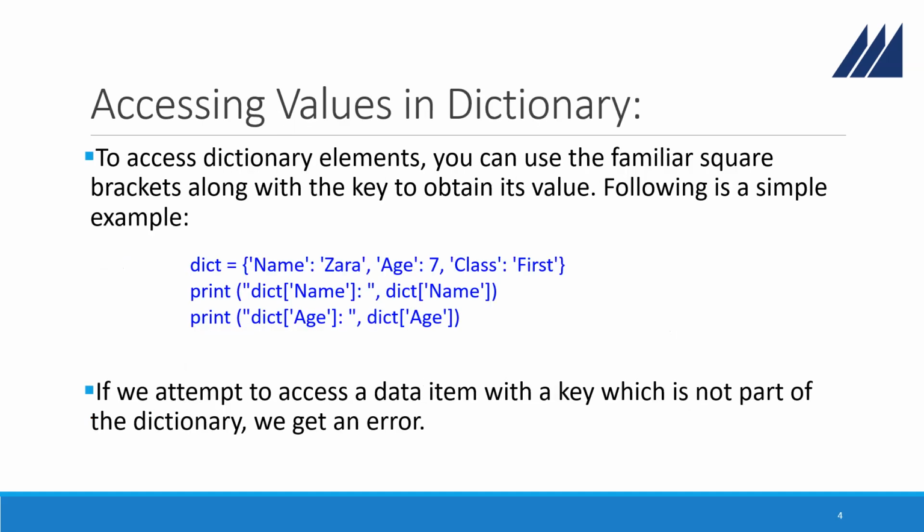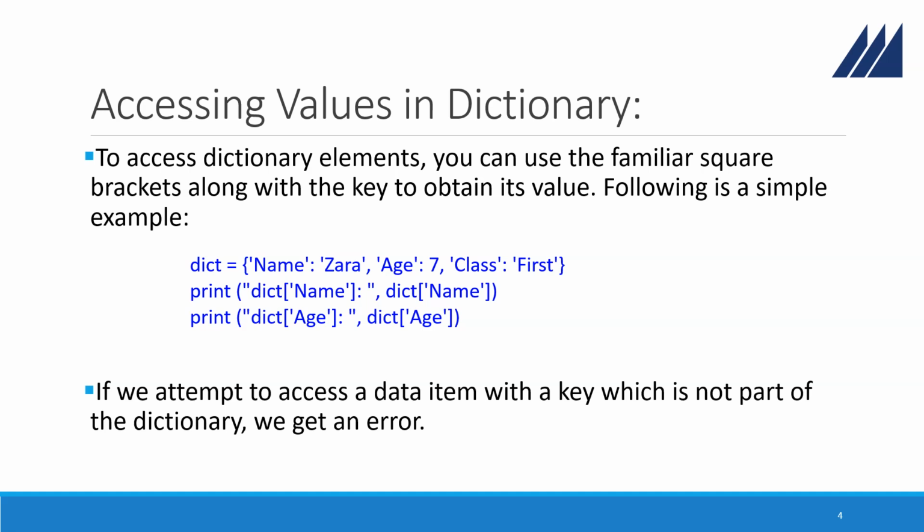Okay. How can we access items? Well, dictionaries in Python are not a sequence type. They are a mapping type. With sequence types, such as lists or strings, I can access each individual item by using the index. But with dictionaries, we cannot use an index because we do not have one.